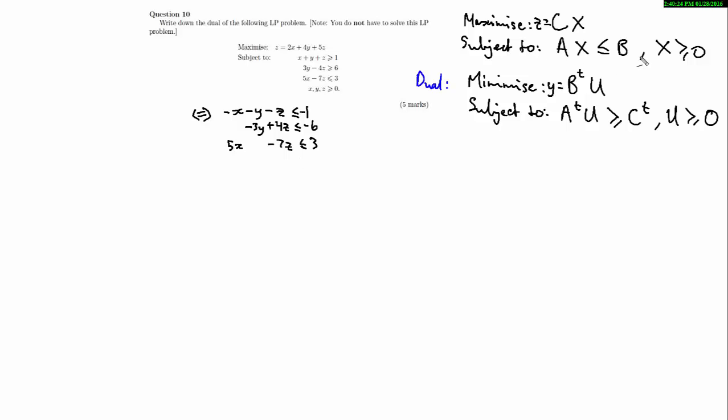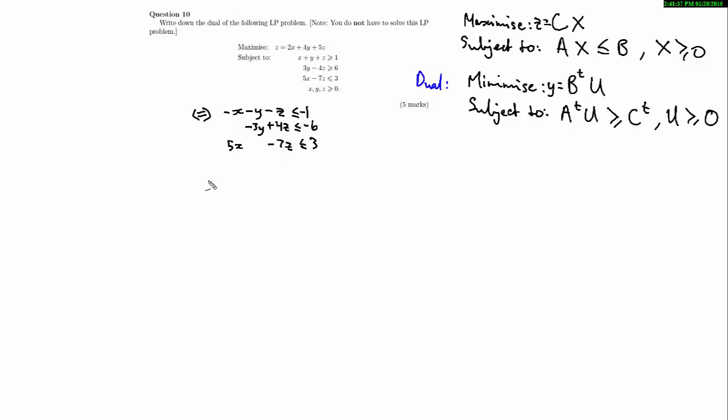So now all our constraints are in the form AX less than or equal to B, where A is the constraint coefficient matrix, C is the cost coefficient matrix, and B is the column vector of resource values. Now notice that I've written all the x's in a column, all the y's in a column, and all the z's in a column, and that'll just make things easier when we write this problem out into matrix form.